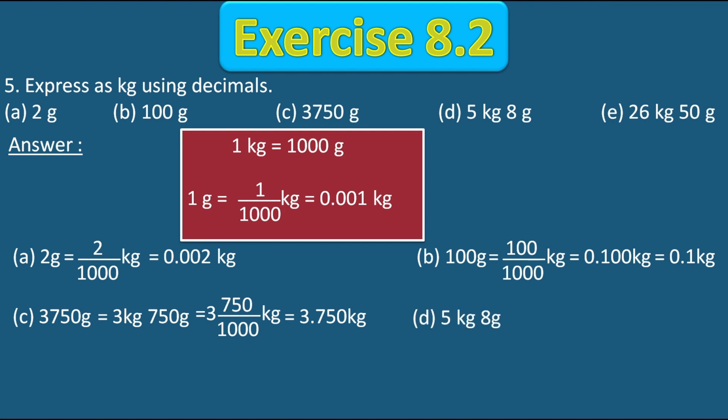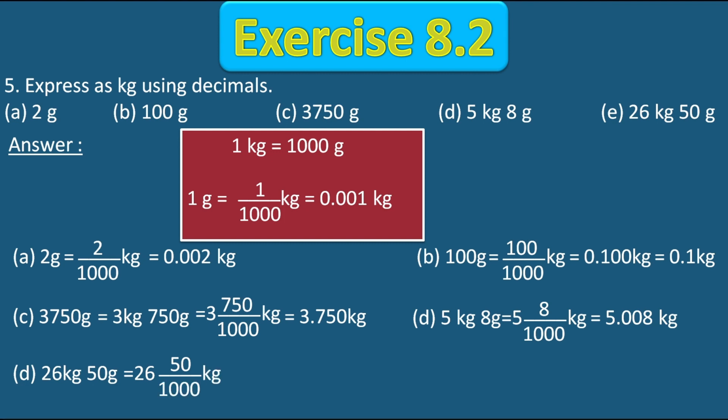So already 5 kg is there. So 8 upon 1000 kilogram, so 5.008 kilogram. Next is 26 kg 50 gram. So here 26 is the whole number because it is in kilogram only. So 26 and 50 upon 1000 kilogram, which is equal to 26.050 kilogram. Here the exercise 8.2 ends.